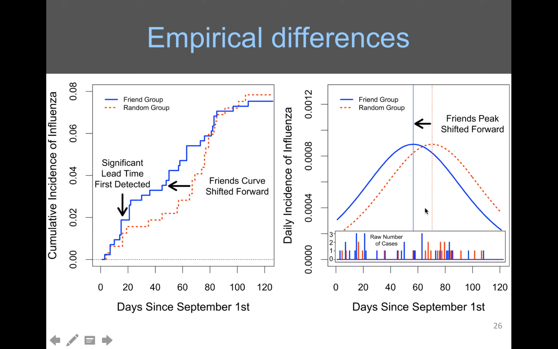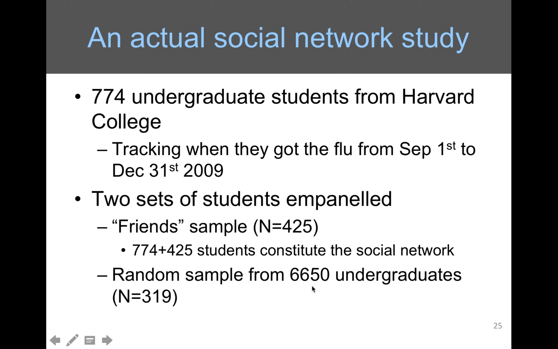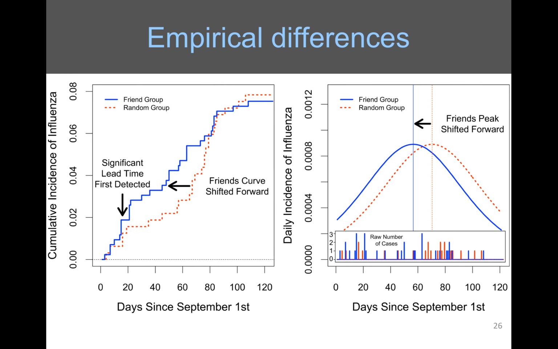This is a very practical example where just following a subset of people, the friend network, a much smaller number than the full group, gives you an early lead time advantage. What is really important is the gap between these two time series. With that gap, you get an early lead time in knowing about the outbreak, when it's going to peak and when it's going to drop.